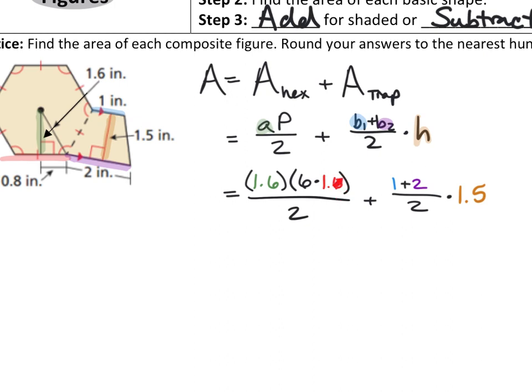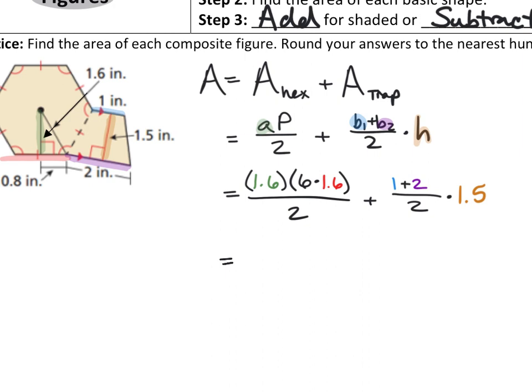You first find the area of the hexagon, so before the plus sign. In your calculator, do 1.6 times 6 times 1.6 all over 2. You can use the fancy fraction, yes, but I will want decimal answers.